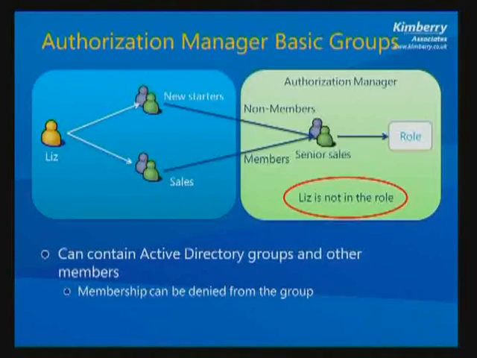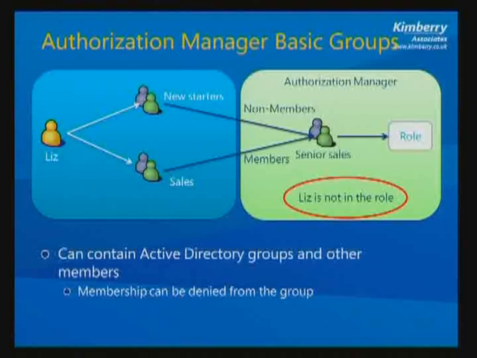We place the sales team and the new starters into authorization manager groups. If she's in both, Liz is not in the role, the reason being there's the role that we're going to place the senior sales into, and Liz will not be in there. But as soon as she comes out of the new starter group, she will be in that role. So it's a nice little feature, being able to deny someone from a group. And of course, the denies take precedence.